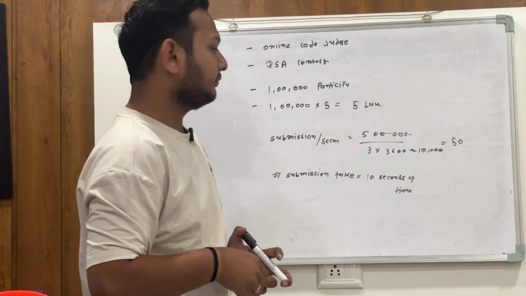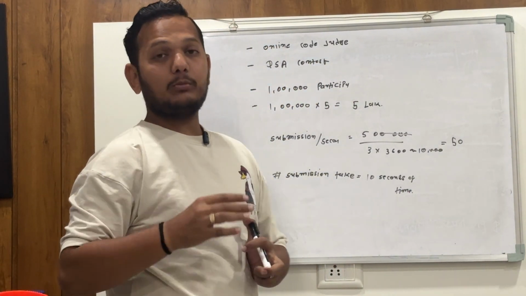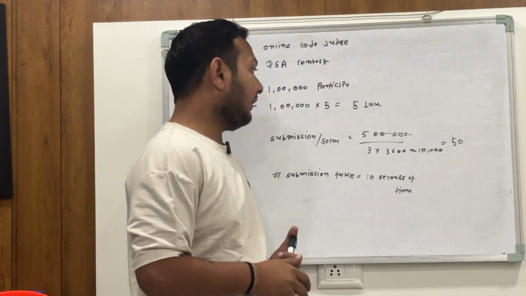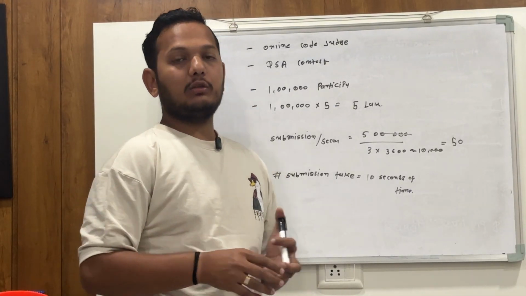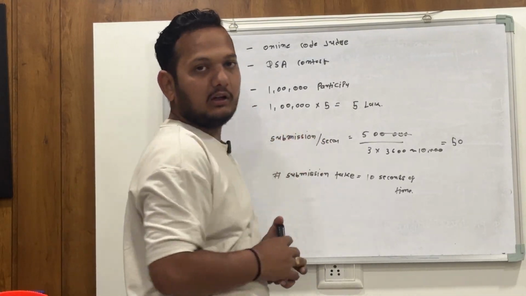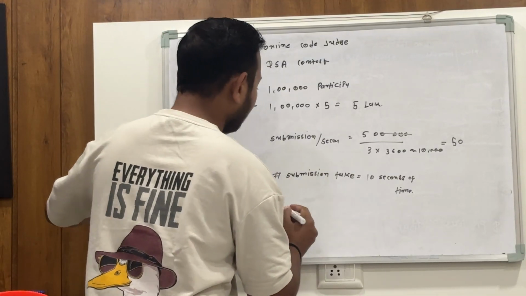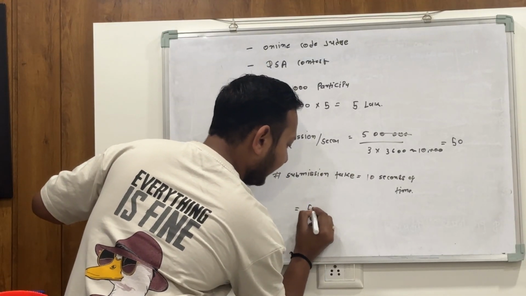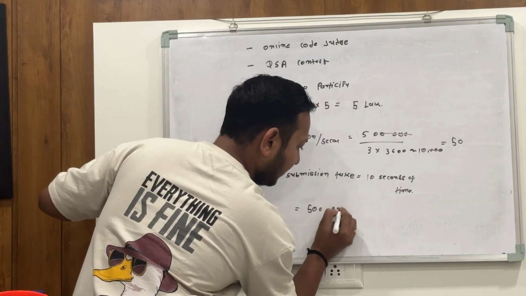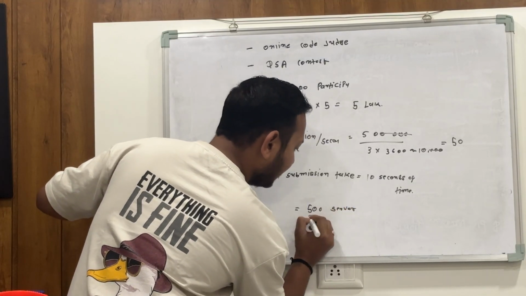All right. Now let's see how many servers we require to support this kind of estimation. So we need 500 servers. How did I come up with this 500?